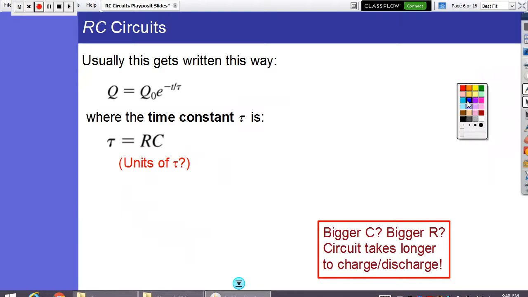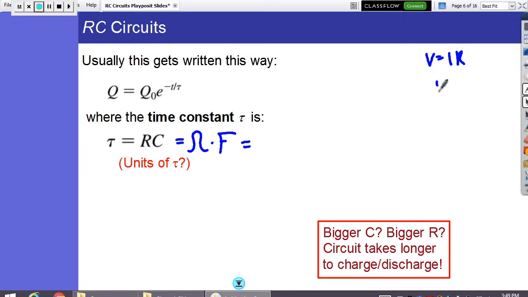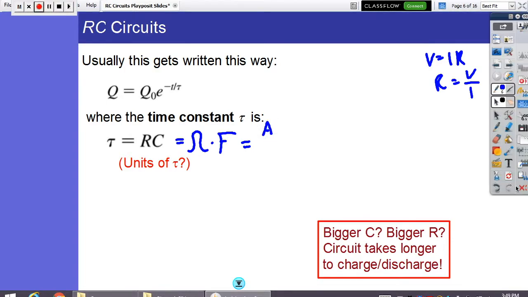Why do we call it a time constant? Well, it's got units of ohms times farads. So let's just remember what these are. An ohm, let's see, V equals IR, so R equals V over I. So this has units of volts over amps.